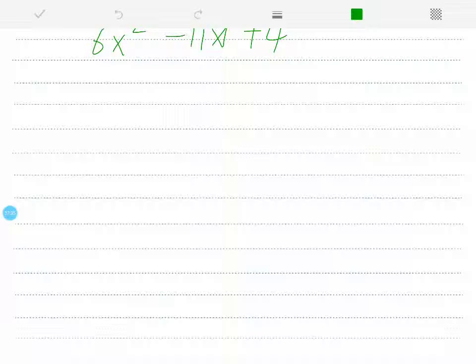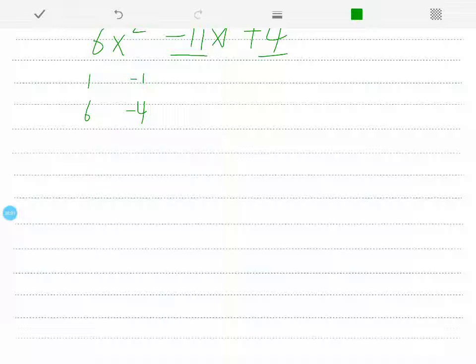It could be 1, 6 or 2, 3. Okay? So you may consider two cases, 1 and 6 or 2 and 3. So let's try 1 and 6. And the 4 could be 1 and 4. But it's a negative number in the middle, so that must both be negative here.